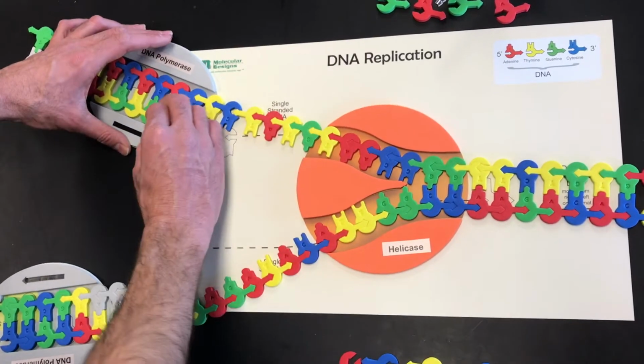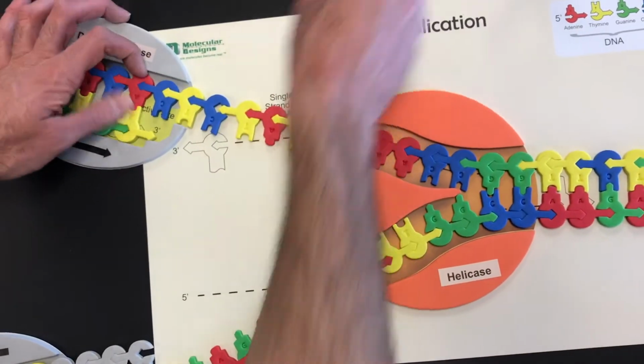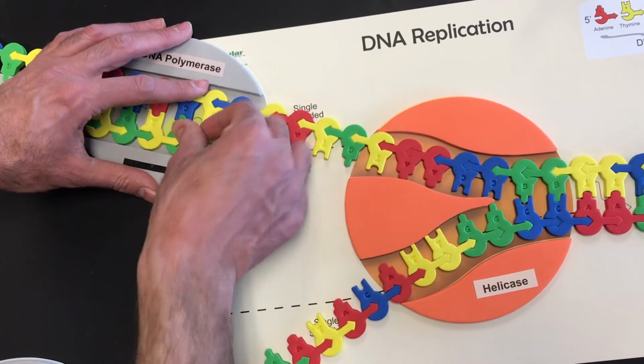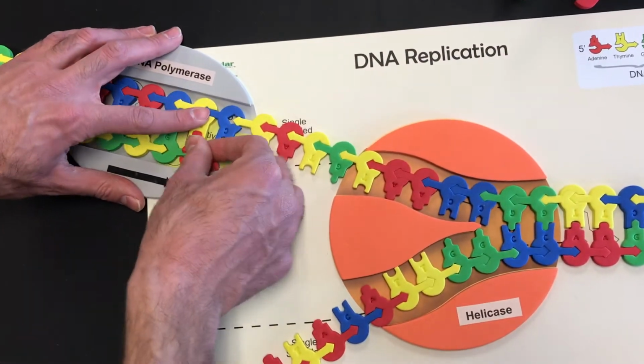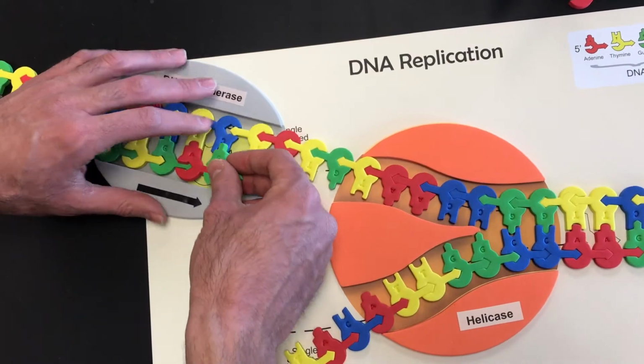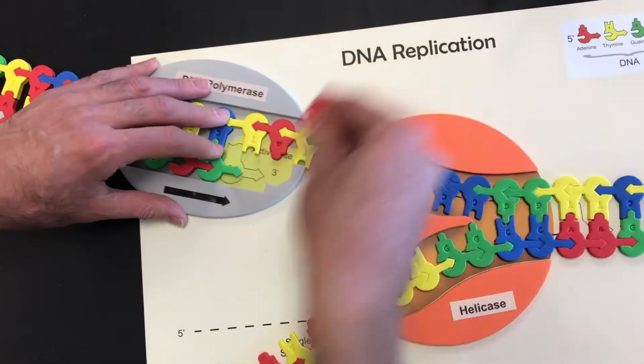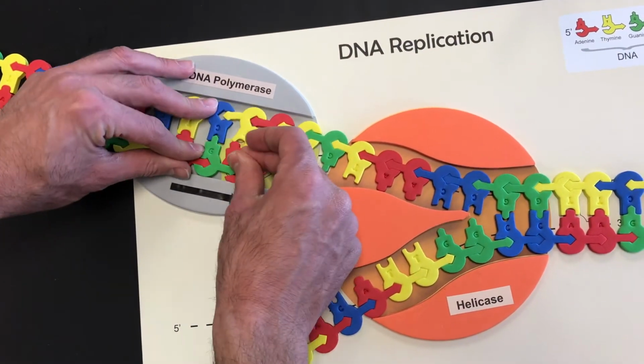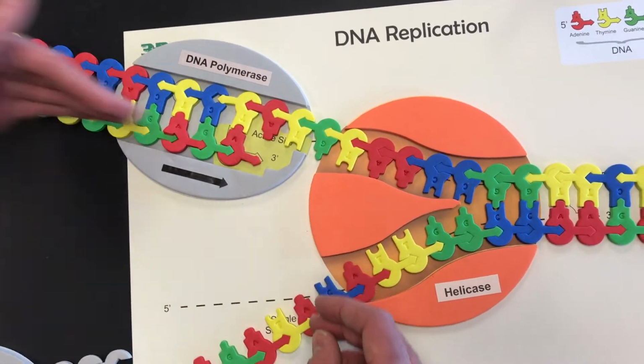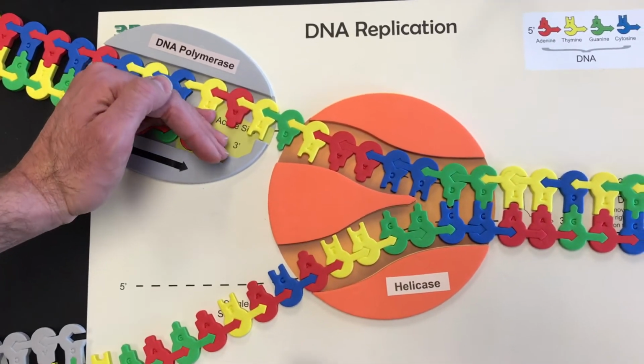We can add the T, we can add the G, we can add the A, and we can just keep right on going here, synthesizing this in a continuous manner in the 5' to 3' direction.